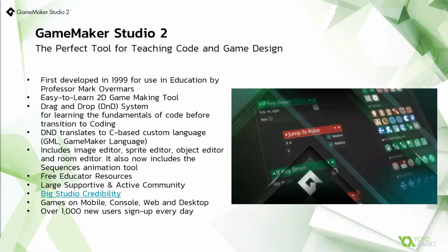Some top games are being made with GameMaker, but for people coming in, you can start with drag and drop, learn the fundamentals of code and the way that you position code before transitioning to actually doing code. So drag and drop translates into a C-based custom language called GameMaker Language, which has been designed to make it nice and easy to make games.